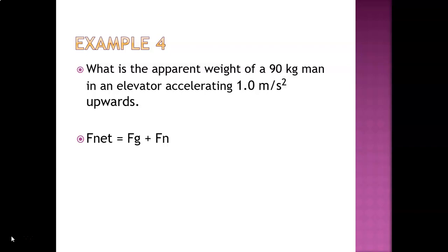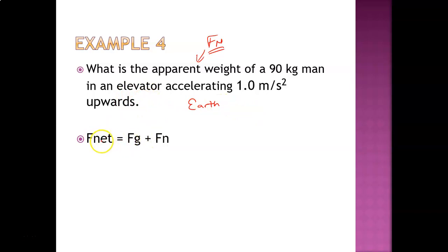So we're going to take a look at example 4. What is the apparent weight of a 90 kilogram man in an elevator accelerating 1 meter per second squared upwards? Now, again, remember, when we're talking apparent weight, what we're really looking for here is the normal force. And secondly, because we're not told otherwise, we assume that this elevator is on Earth or near the surface of the Earth.